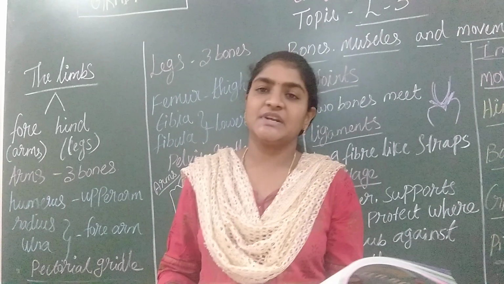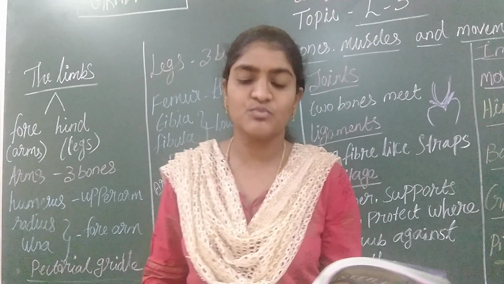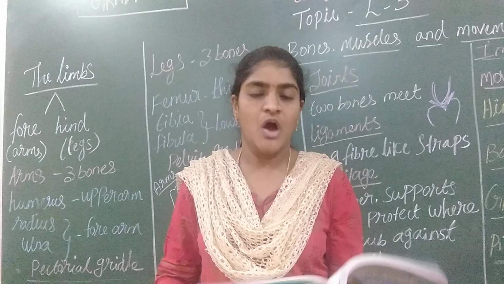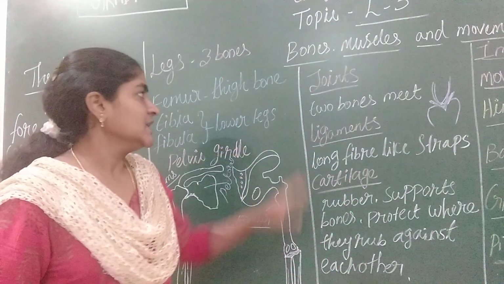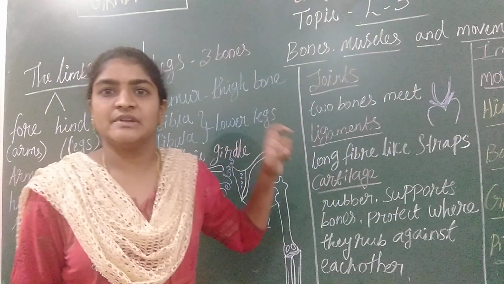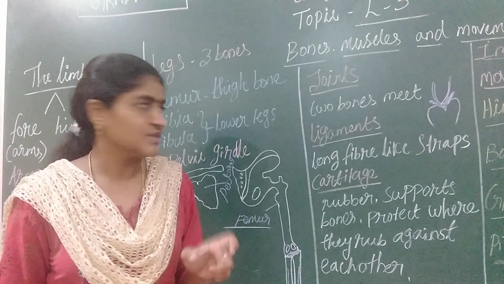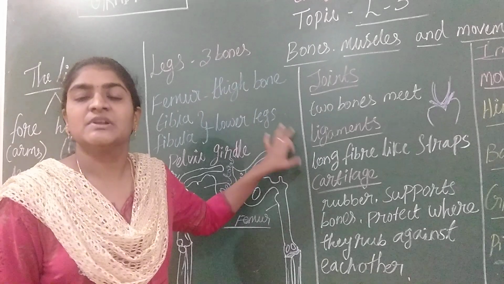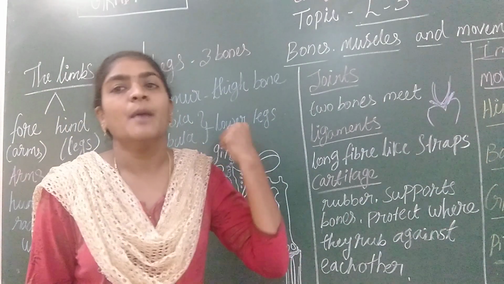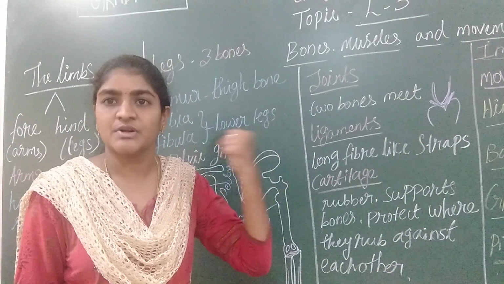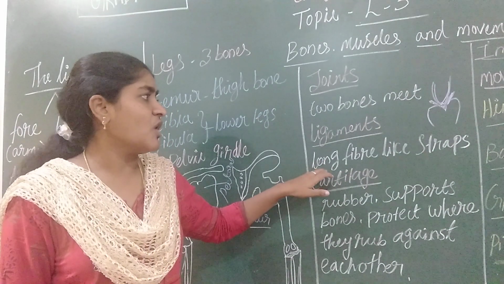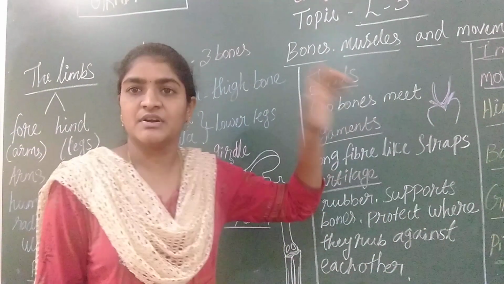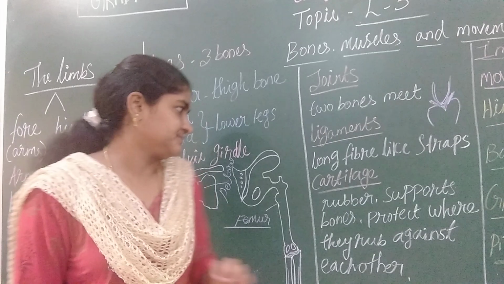There are many different types of joints. They are movable and unmovable. Till here you understood, children? The place where two bones meet is called a joint. The ligament is also present. It controls the movement of the bones. It is a long fiber-like strap covering your bone.